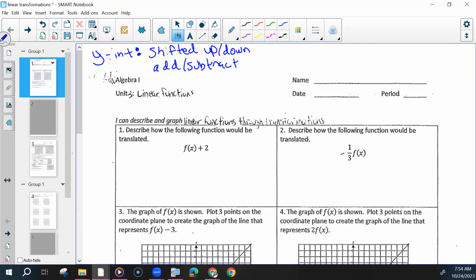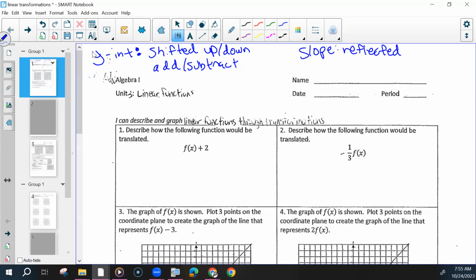For slope, there are 2. One is when it's been reflected. So all of these that we're about to do, always compare it to an original function, which I'll write here in a second. F of x equals x or y equals x.